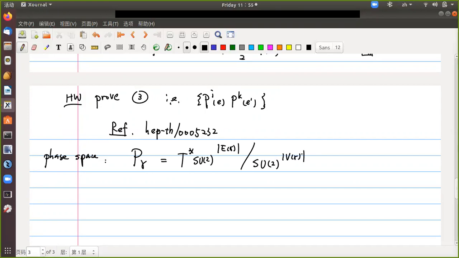Okay. And the symplectic structure or Poisson bracket on the phase space P gamma is given just by the holonomy flux algebra.